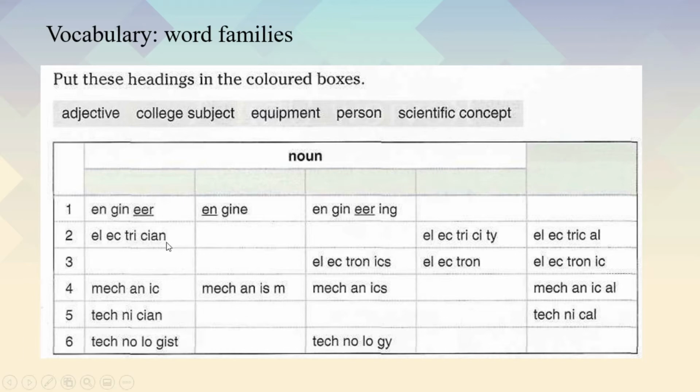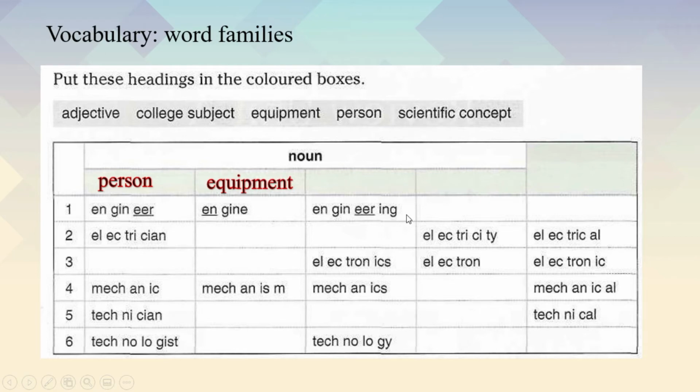Electrician is a person. Mechanic is a person. So in this column, we have persons. So our heading is person. In this column, we have engine. Engine is a piece of equipment, and mechanism is also a piece of equipment. So the heading is equipment.